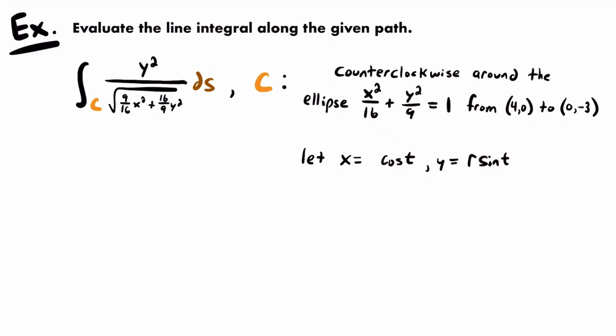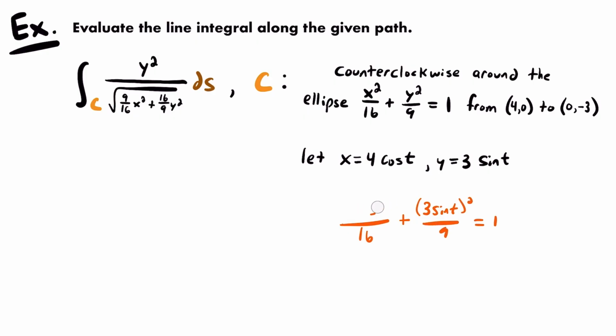So we would have x equals 4 cosine t, and y equals 3 sine t. And if you want to see why that makes sense, substitute those expressions in for x and y in this equation. Here's what you'll get: (4 cosine t) squared divided by 16 plus (3 sine t) squared divided by 9 equals 1.